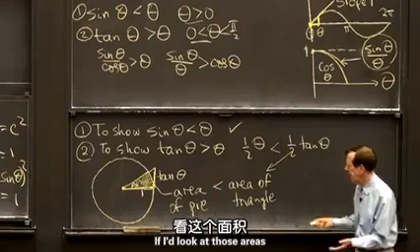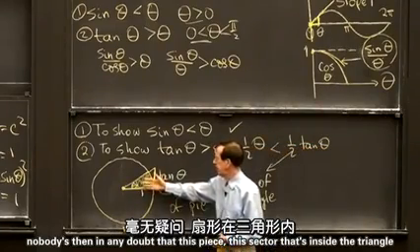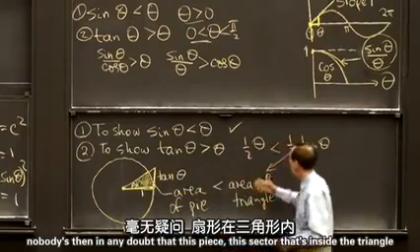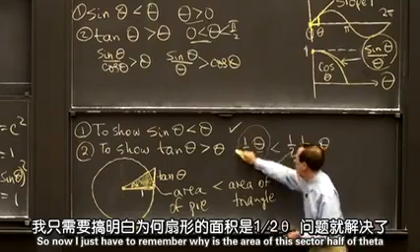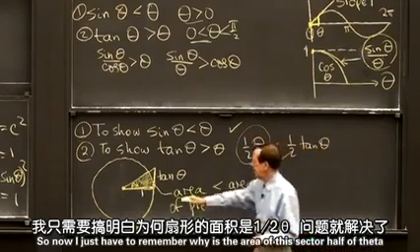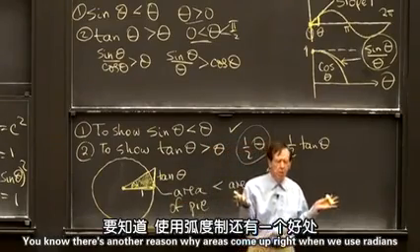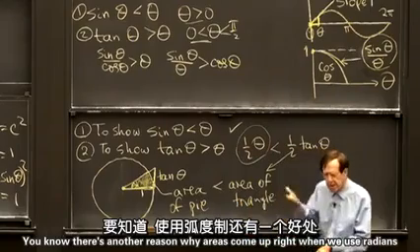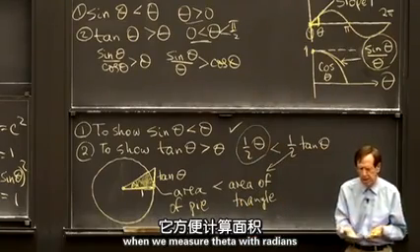If I look at those areas, nobody's in any doubt that this sector that's inside the triangle has an area less than the area of the triangle. So now I just have to remember, why is the area of this sector half of theta? You know, there's another reason why areas come up right when we use radians, when we measure theta with radians.